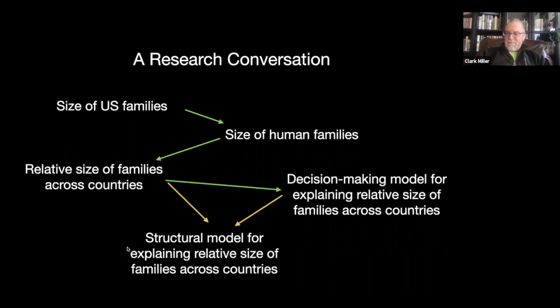And in fact, they might get so interested in this that they stop being interested in the size of families at all. They really just focus on the structural model for explaining various things that differ from one country to the next. And they may get really sophisticated in how they explore these structural models of explanation for cross-national difference, right? And so those subfields evolve and focus on particular areas of work.